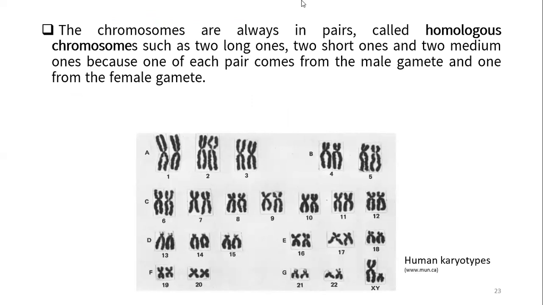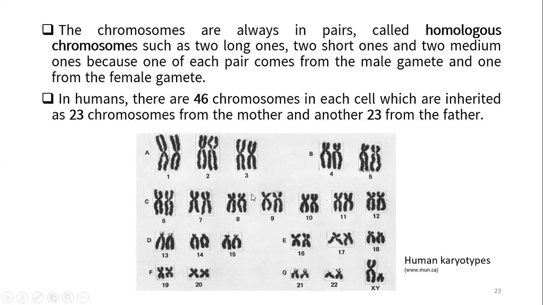The chromosomes are always in pairs, called homologous. You can see here there are 2 long, 2 short, and 2 median ones, because one of each pair comes from the male gamete and one from the female gamete.